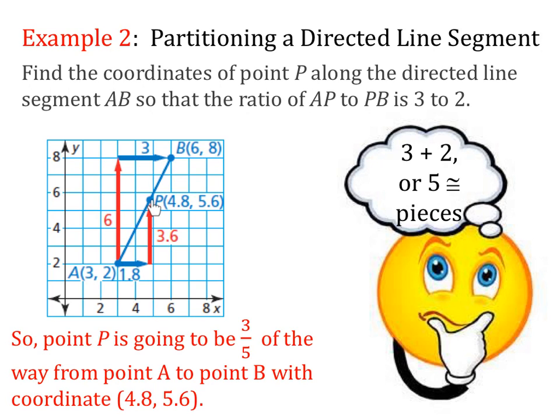For the P coordinate, now to figure out these values, the 4.8 and the 5.6, I simply add 1.8 to the 3, which is the x value of the A coordinate, and that becomes 4.8. Then I add 3.6 to my y value, which was 2. I'm adding 3.6 to 2, which is a result of 5.6. So P is located at 4.8, 5.6.